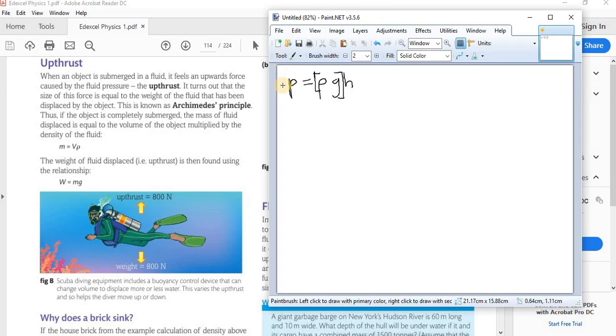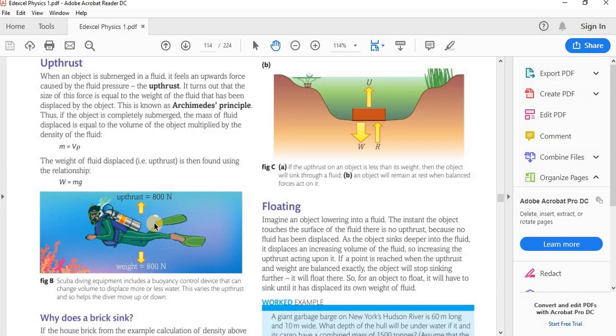Now you would have noticed that when you swim underwater, the deeper and deeper you go, the greater and greater the pressure on you. So the bottom surface is at a greater depth than the top surface. So when the depth increases, the pressure increases. Therefore the pressure at the bottom of an object is greater than the pressure at the top.